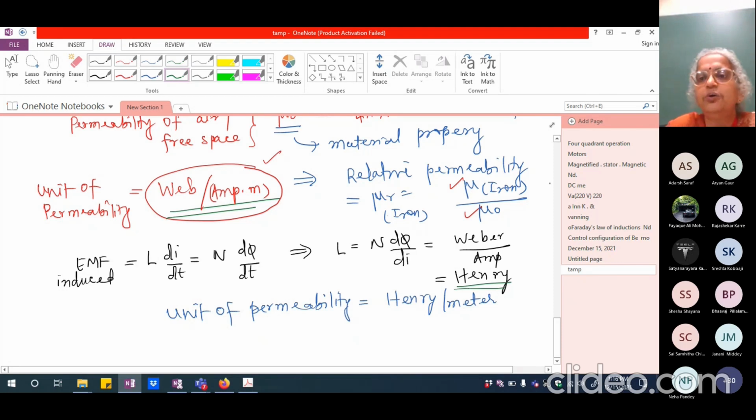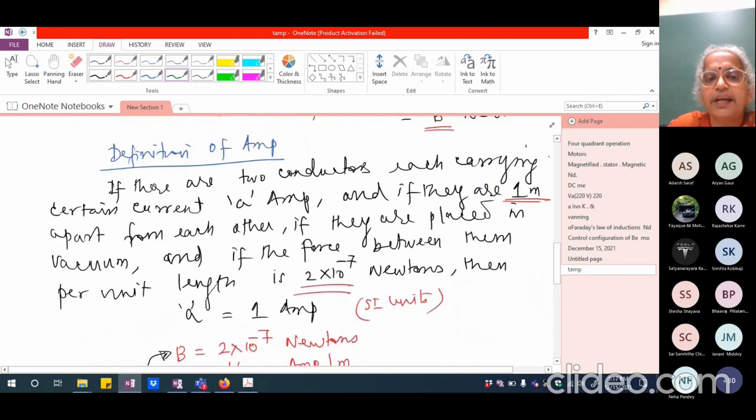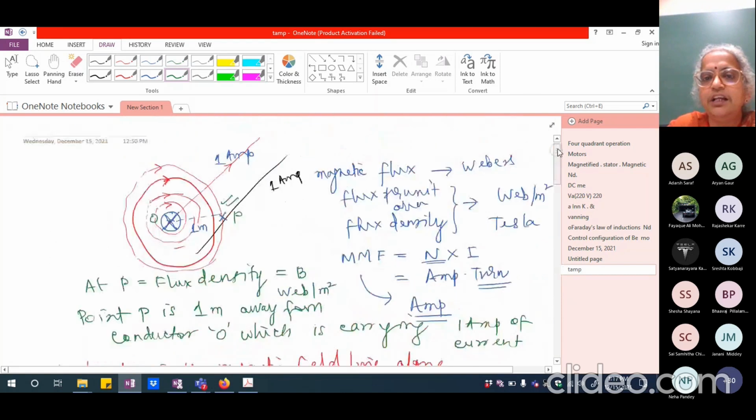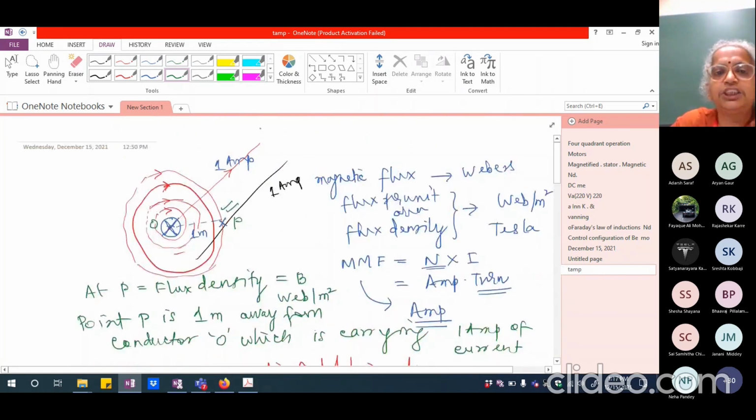So whenever you're looking at a magnetic field in general, you have to consider the relationship in terms of permeability. Unless you have the permeability given for a material, you will not be able to calculate the effect in terms of magnetic flux or flux density for a given MMF or a given magnetic field intensity.